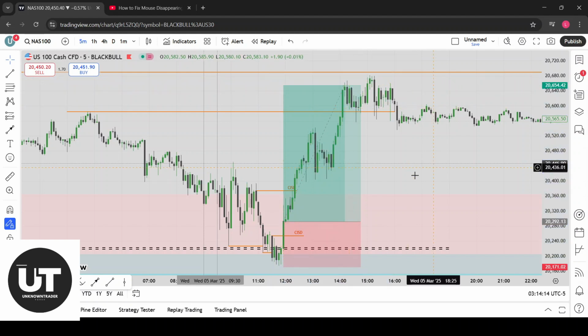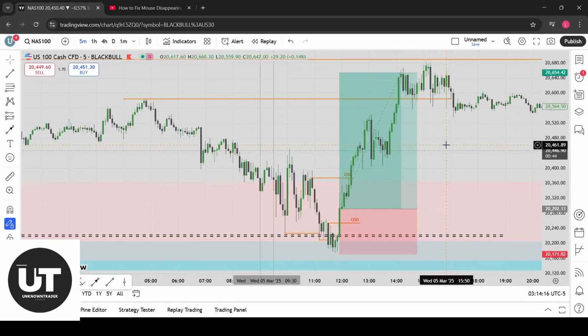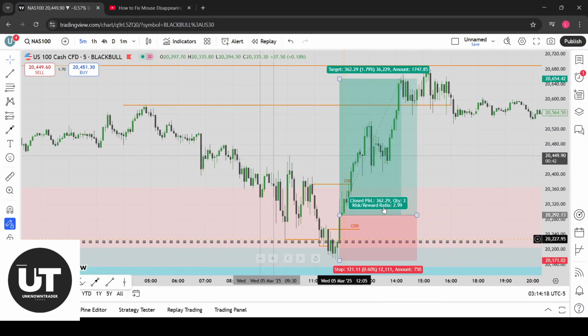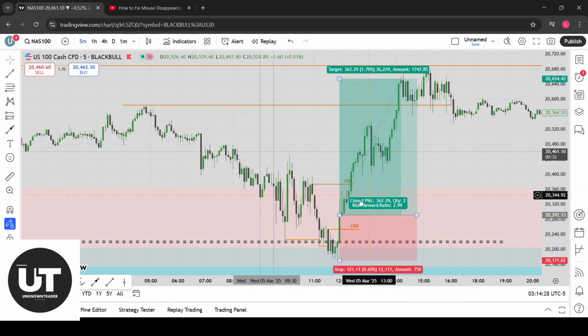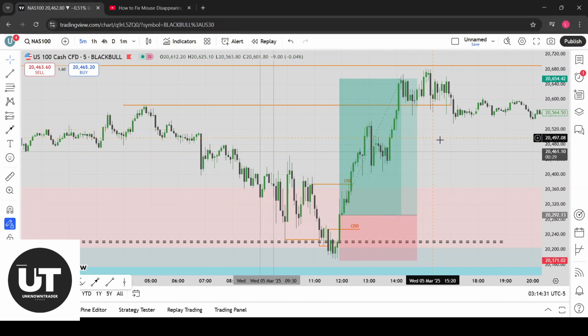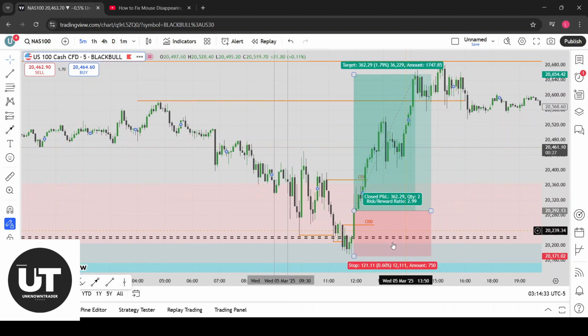There's roughly a 1:3. Now, on a prop firm account, I'll be risking 1% here to make 3%. Why am I doing that? Because I've backtested and I know that I can at least get 3% out of the market using this strategy. So risking 1% to make 3%.